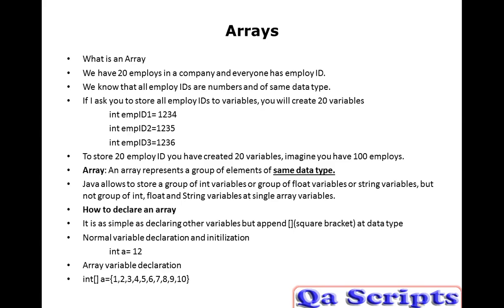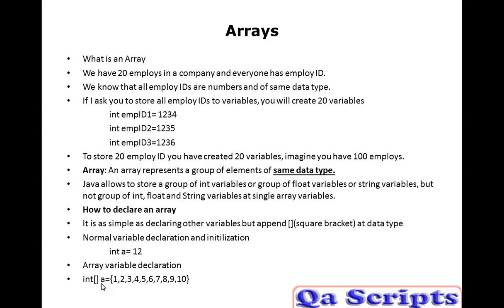Since it's a group of elements or values, we have to put them in curly brackets. Here I have used curly brackets, then I have separated each and every value by commas. So this is how we can declare an array of data type int.